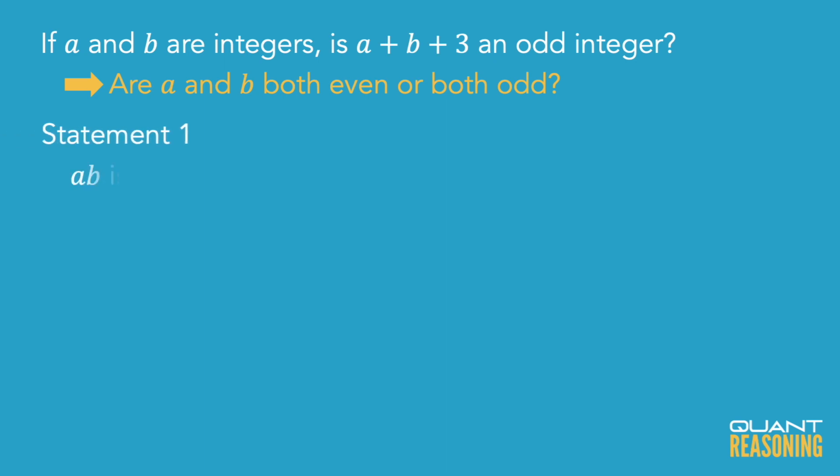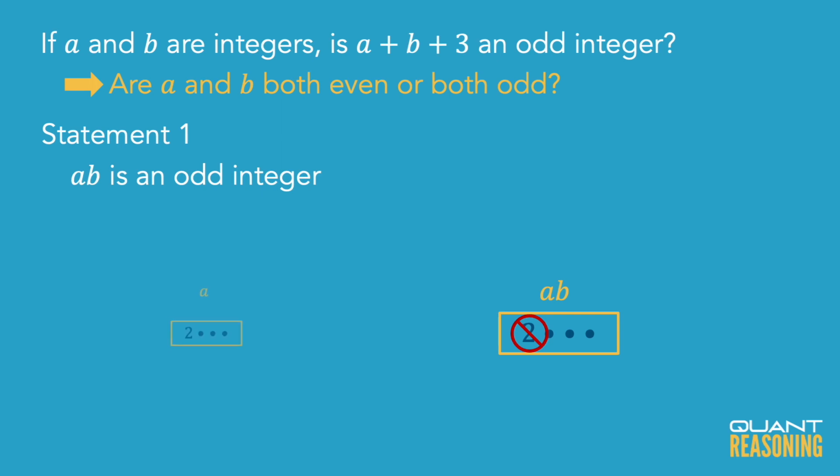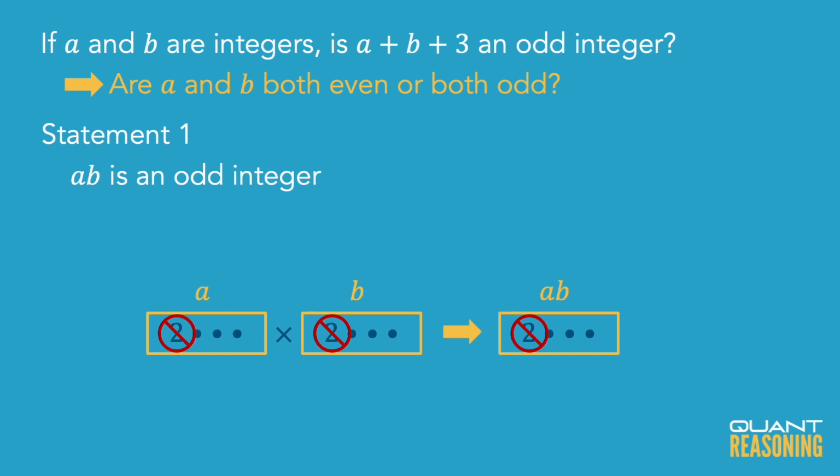Now, the first statement tells us that their product is odd, meaning their product doesn't have any factors of 2 in the prime box. Now, if the product of a and b doesn't have any 2's in the prime box, that means that neither a nor b has any 2's in those individual prime boxes, because if there was a 2 in the prime box of one of them, that 2 would appear in the prime box of their product, right?